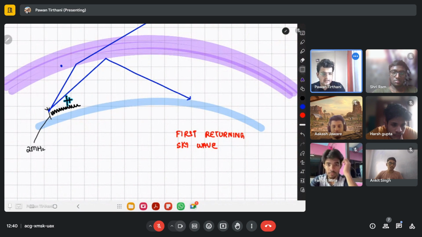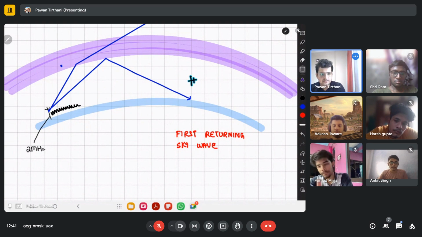Yes. Any aircraft that is over here, can it receive signals? No. Sriram said no. Why? I said yes. So is this space dead of signals?